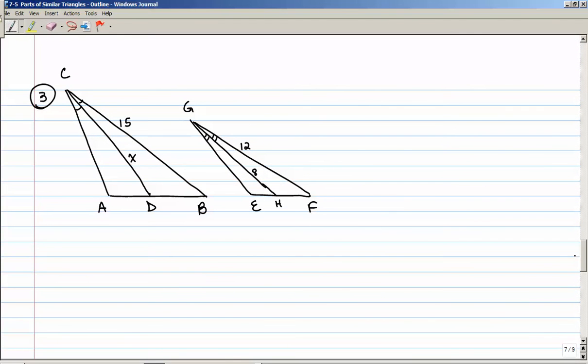Here we have some angle bisectors. You'll notice that segment CD cuts in half big angle C, as does segment GH cut in half big angle G. So CD and GH are angle bisectors.